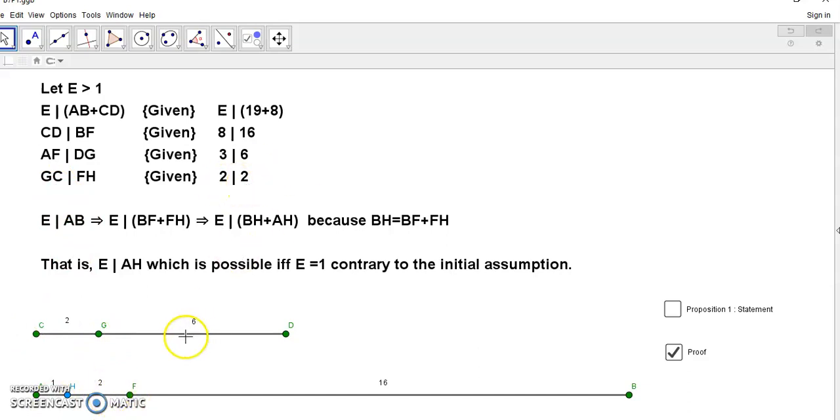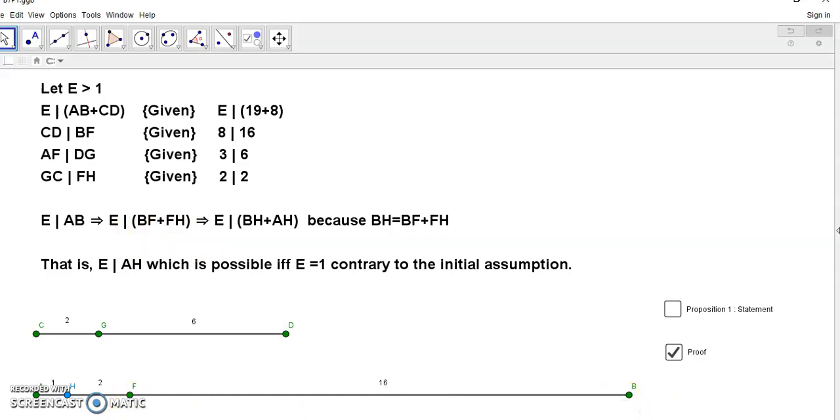That's quite right. Now, we assumed that E measures AB, okay? Because it measures AB plus CD, right? Therefore, E measures BF plus FH because of this here, because if CD measures BF, then E also measures BF, and E also measures FH. So E measures BF plus FH.